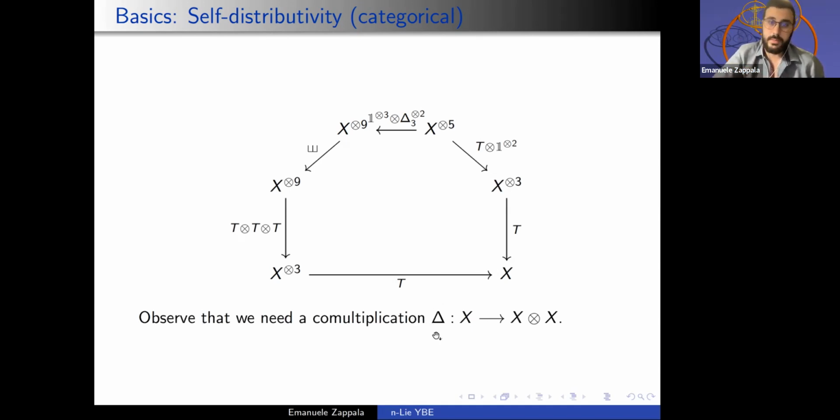So you need a co-multiplication because you need to split elements as many times as you need in this symmetric monoidal category. And this is the self-distributivity property that I wrote there for binary, but this is the ternary version. Of course, the deltas have to be taken with the appropriate powers. Here, the powers get adjusted whenever T is an n-ary operation instead of ternary.